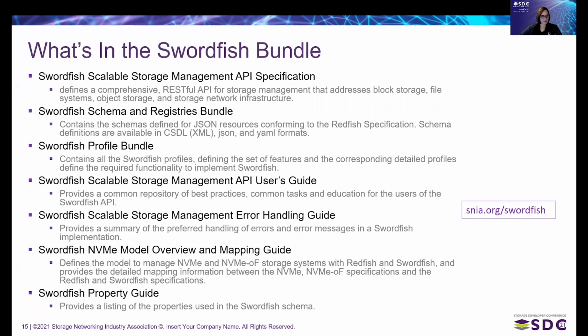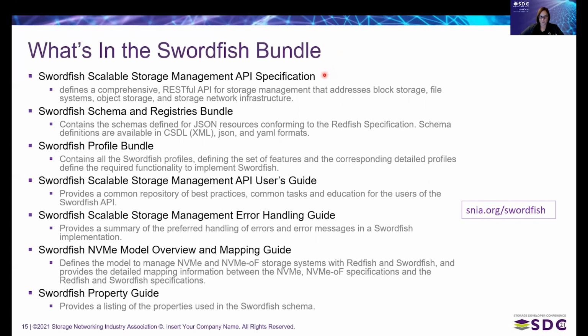So we talked about all of these things that are available as part of the Swordfish ecosystem, but I wanted to focus a little more on what's actually in the Swordfish bundle. If you go to SNIA.org/swordfish, the main thing you see there is a bundle download, and it includes all 7 of these sets of functionality.